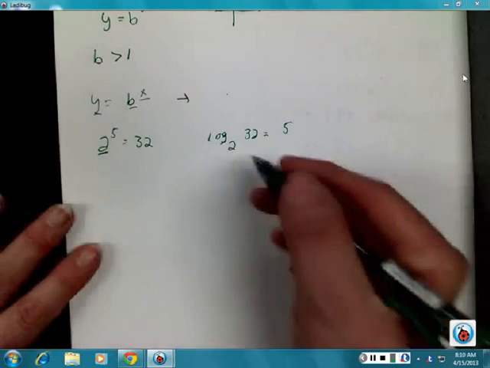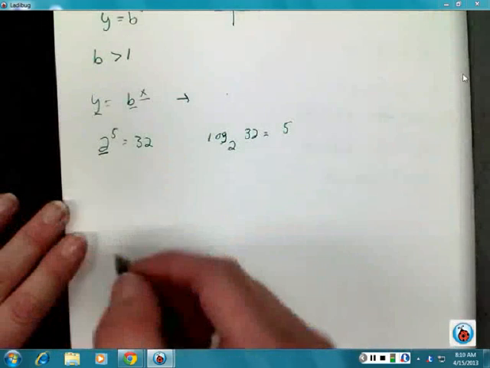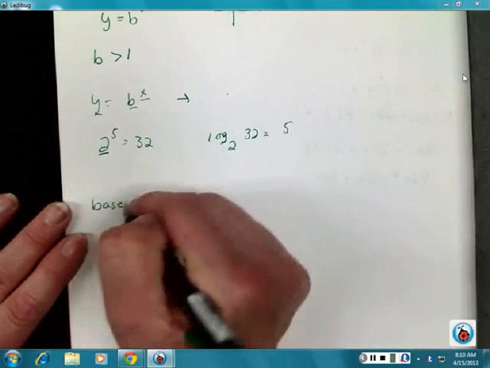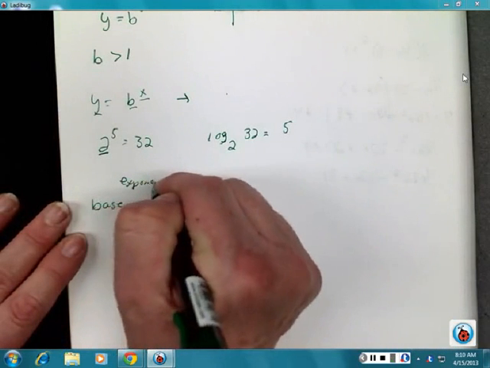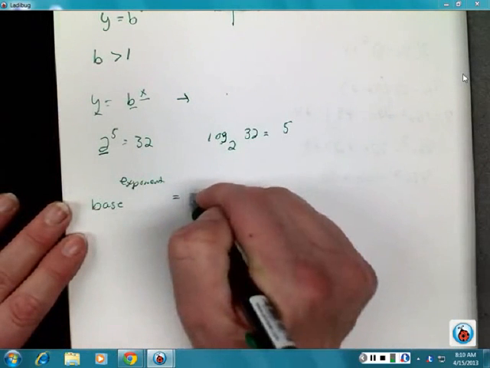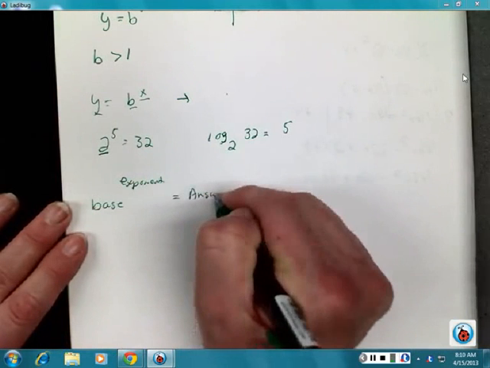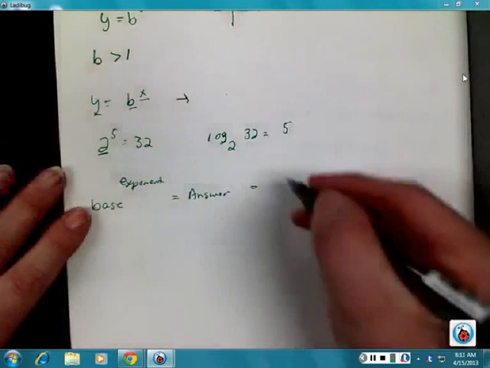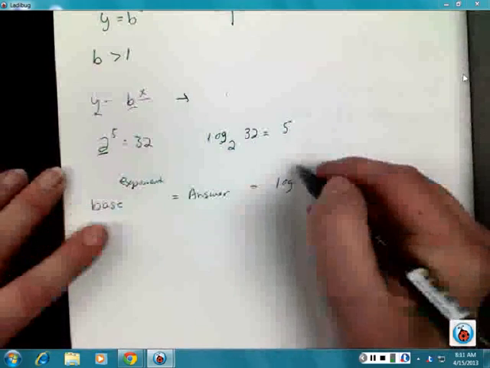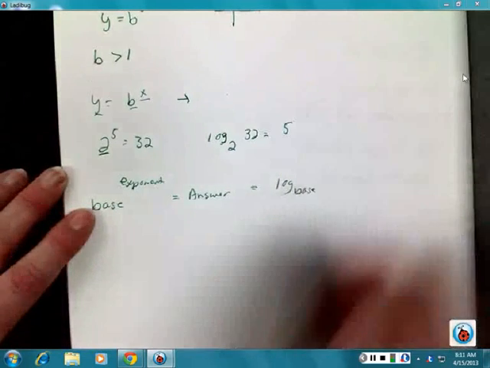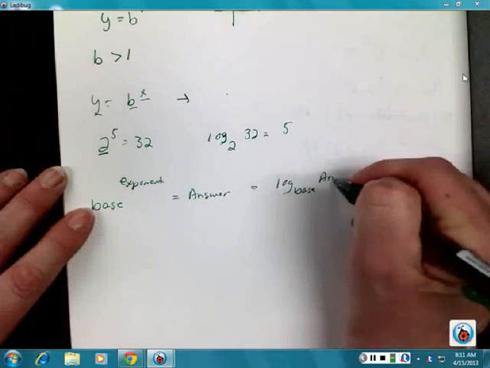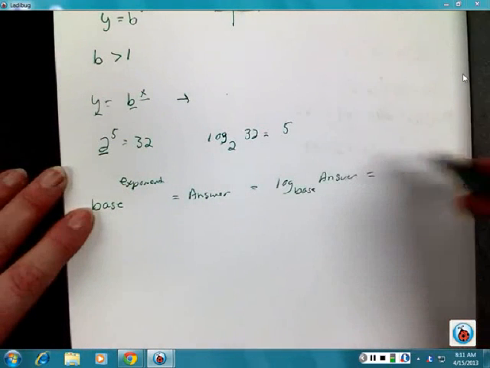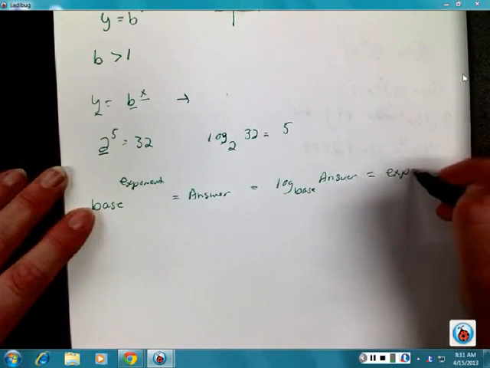And so what did I do to get this log to come out? I have a base, I have an exponent, I have what it's equal to. So when I create a log out of this, it's log, the base goes down here, the answer goes up here, and it's all going to be equal to the exponent.